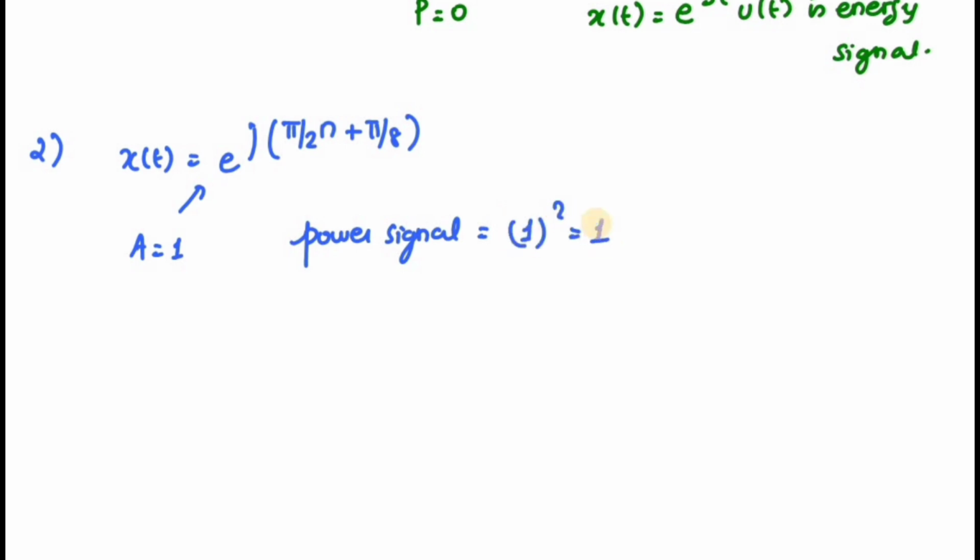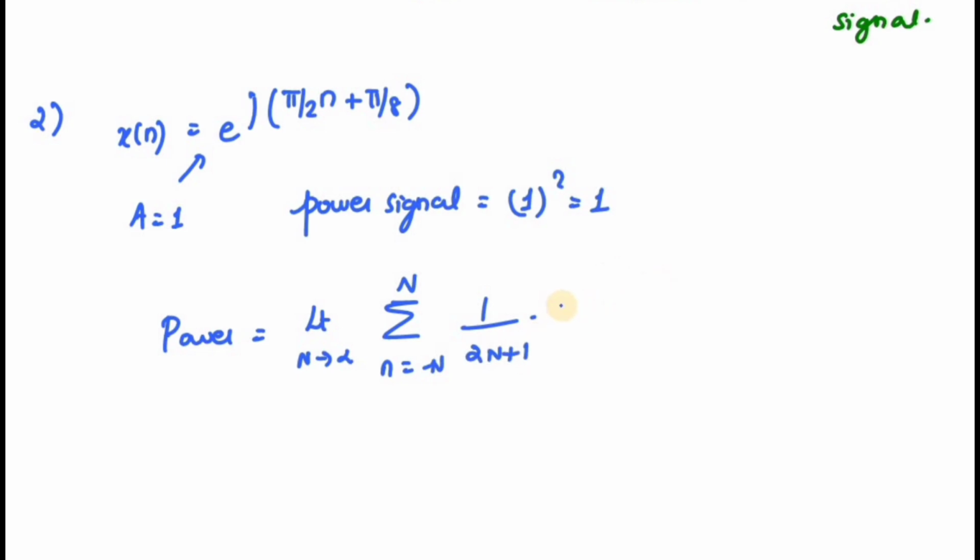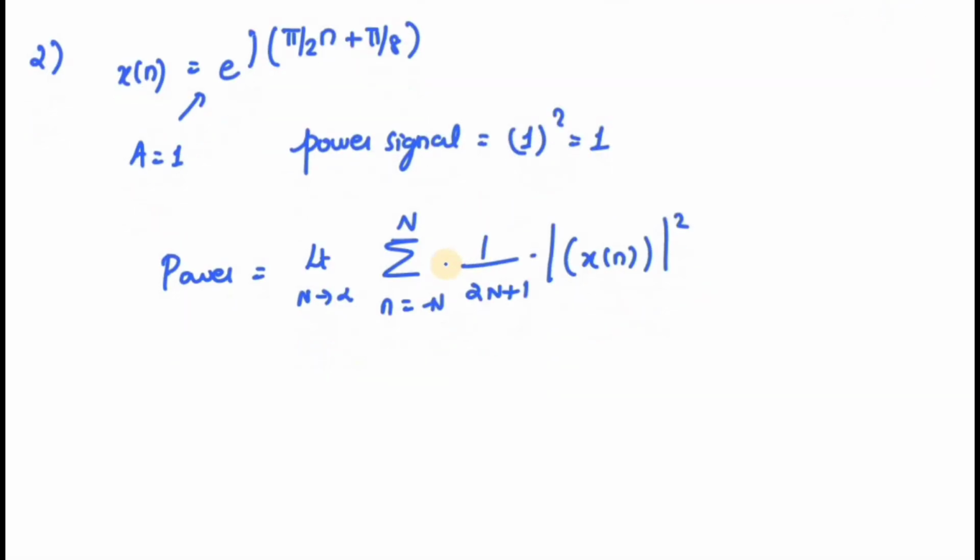So let us solve for the power signal. The formula for power is the limit as n tends to infinity of 1 divided by 2n plus 1, summation n equal to minus n to n, of x of n the whole square.